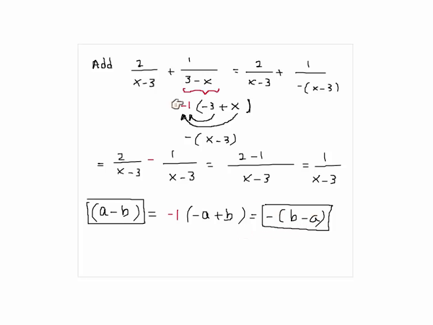Then this would be switched around. A minus b turns to b minus a. So if you look at it as simply factoring 3 minus x, you don't have to multiply anything by a negative. All I'm doing is writing 3 minus x as minus x minus 3. These two are equivalent. These are exactly the same expression. Now I'm using this minus here and this plus here, combining these two to be a minus.